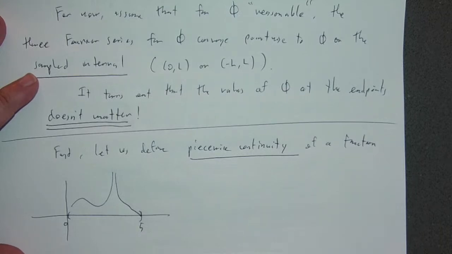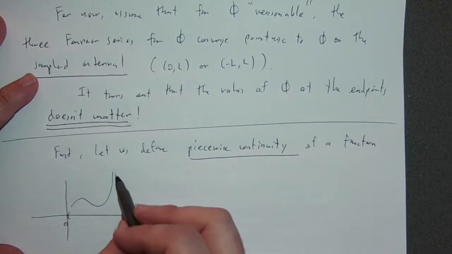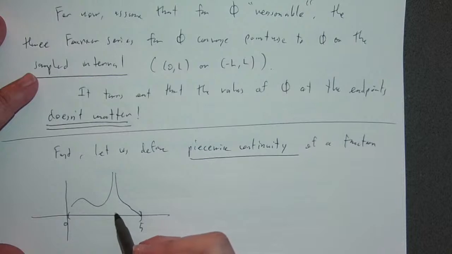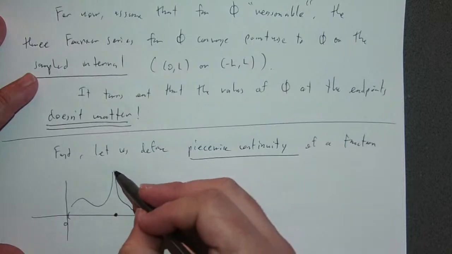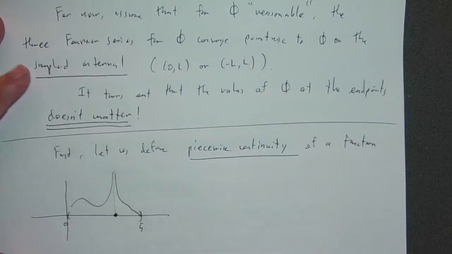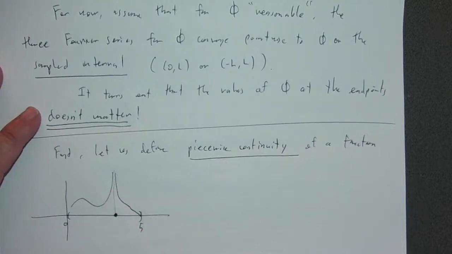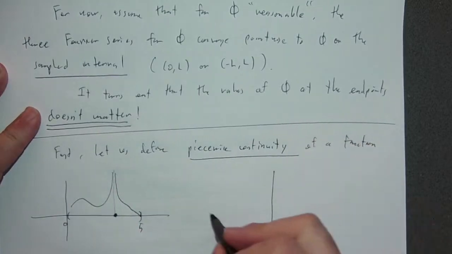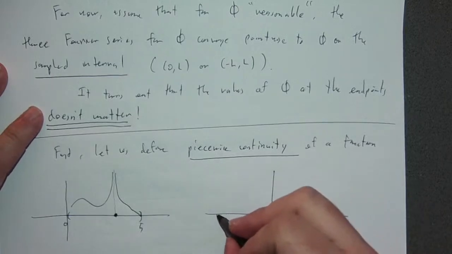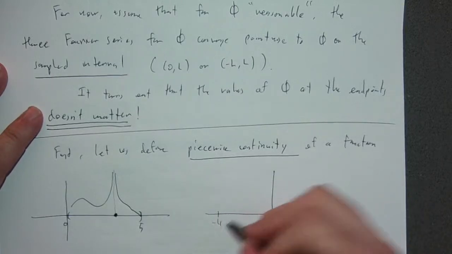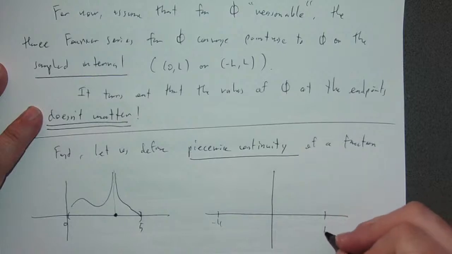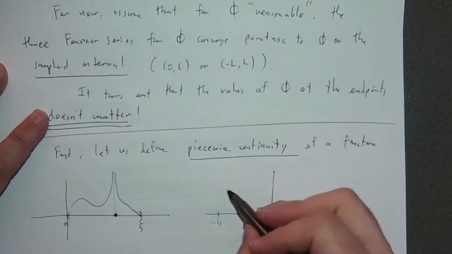That's no good, even though it's continuous everywhere except at even a single point. If you want to deal with something like this, there are other things we could talk about, but when we say piecewise continuous, this is not what's included here. What's included, of course, is something like this. So we'll say here's -4 and here's 5. So something like this.